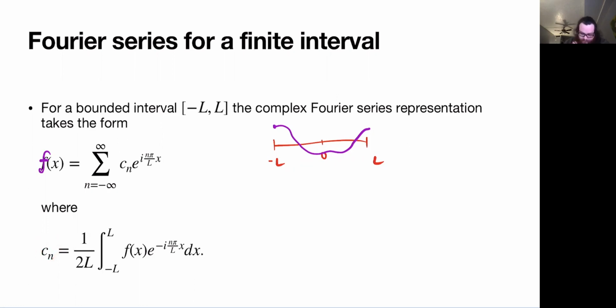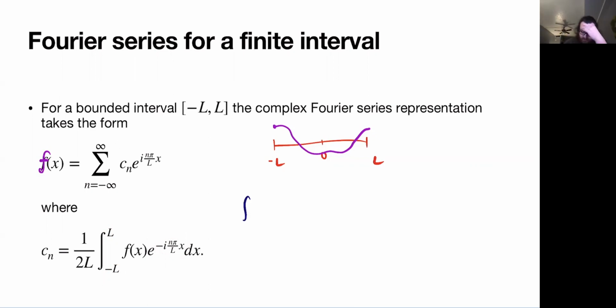What are these constants c sub n? Well, we integrate the function that we care about against e to the minus i n pi over L x, between negative L and L, normalized by 1 over 2L. And so one question is, where do these coefficients come from?